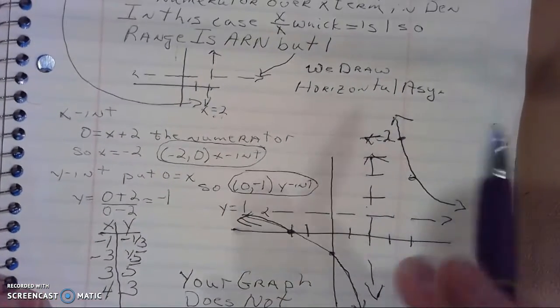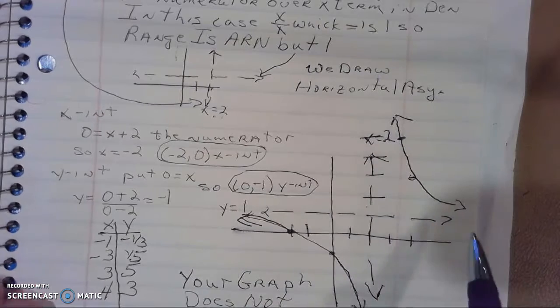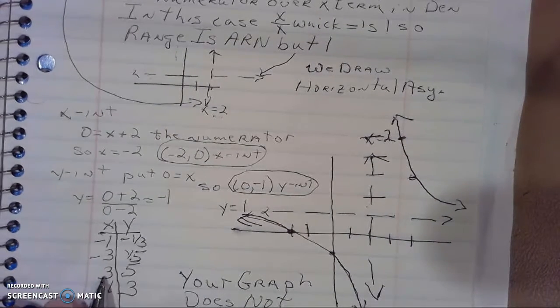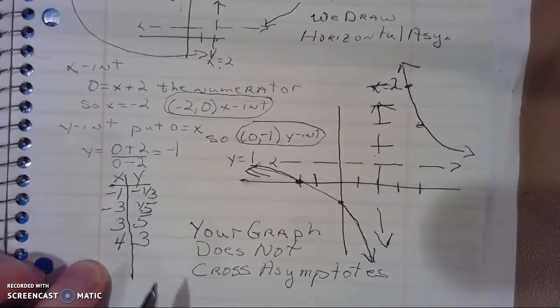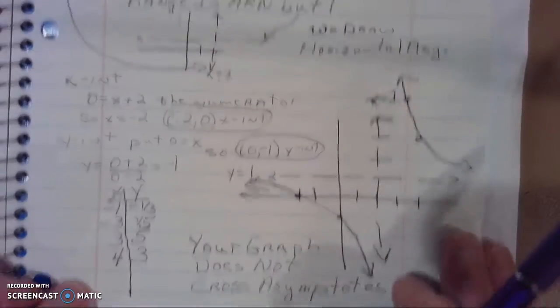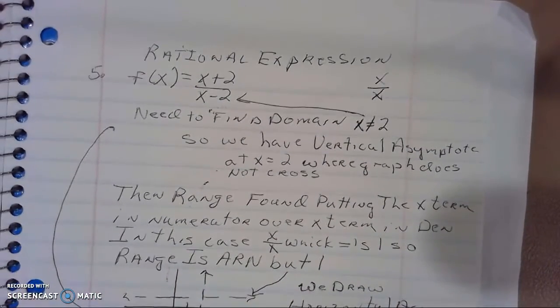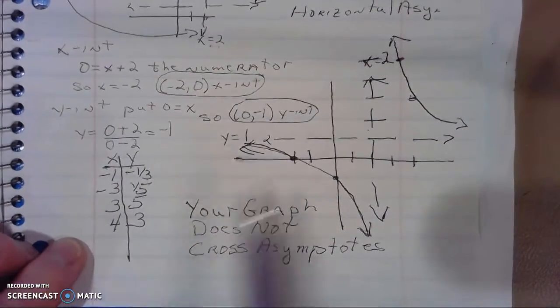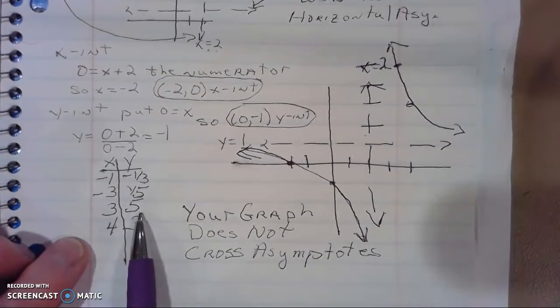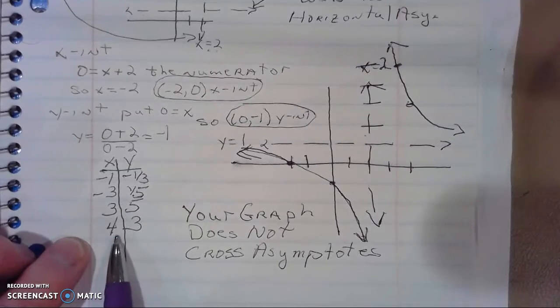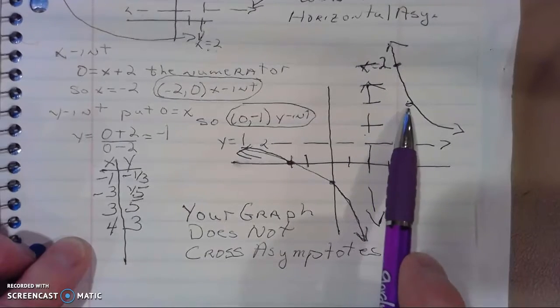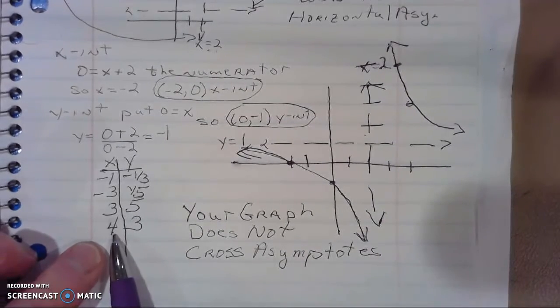Now what we need to do is find out what it does on the other side of the vertical asymptote. So I put in points like 3 and 4 into my original equation, x plus 2 over x minus 2. 3 gives me 5, and 4 gives me 3.